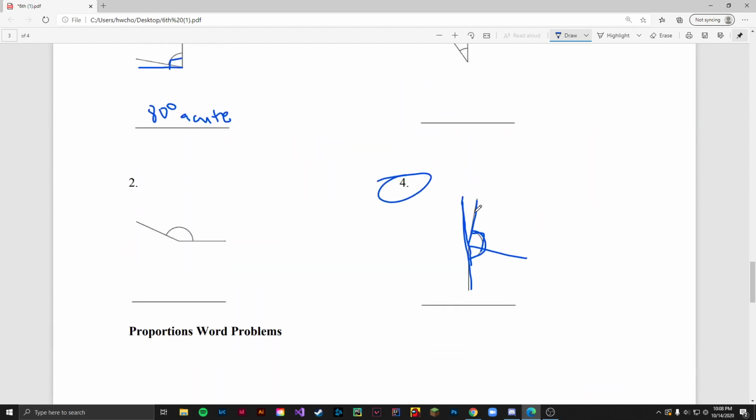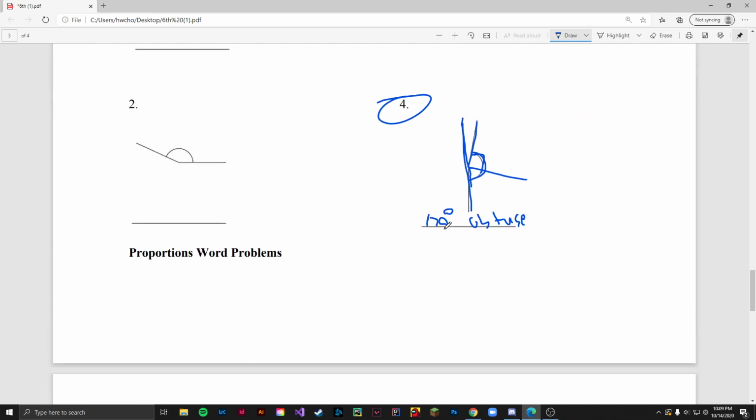Let's just say that was 170 since it looks really close to 180, right? So 170 degrees. And if you want, you can use a protractor. I don't have one with me right now, but you can use a protractor and actually check yourself. That looks like I wrote no, but it's actually 170. As this is greater than 90, it's going to be obtuse.